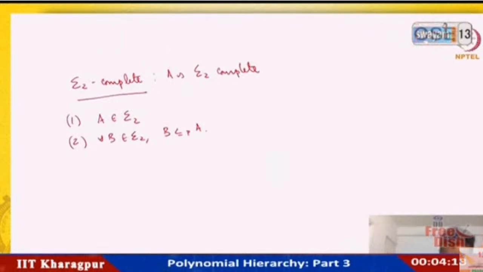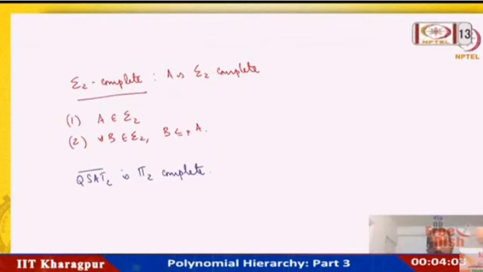So just I will say a few more things. So QSAT2 complement is pi 2 complete. Just like we said, anything that is complement of NP complete is co-NP complete. We can say that anything that is complement of sigma 2 complete will be pi 2 complete.